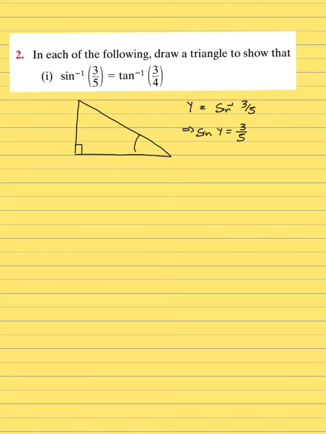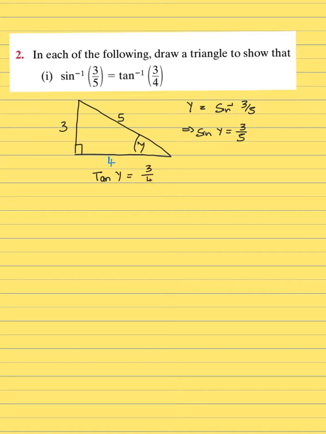So in our right-angled triangle, if this is the angle y and the sine is 3 over 5, it means that the opposite is 3, the hypotenuse is 5, and then of course using Pythagoras we'll get this third side here to be 4. From that we can notice that it's mentioning arctan here, but from our diagram we can see that the tan of y is the opposite over the adjacent.